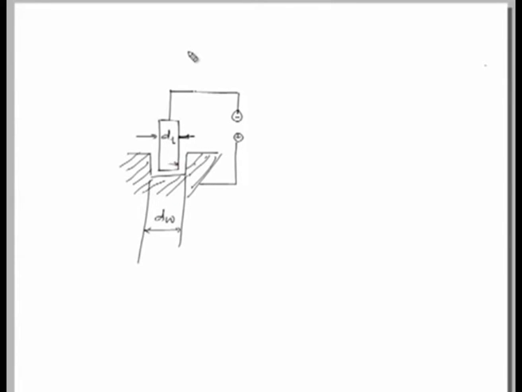This is the overcut we are obtaining. So, if we say this is OC, then the total overcut will be 2 times the OC, and this can be minimized by applying some insulation towards the side.